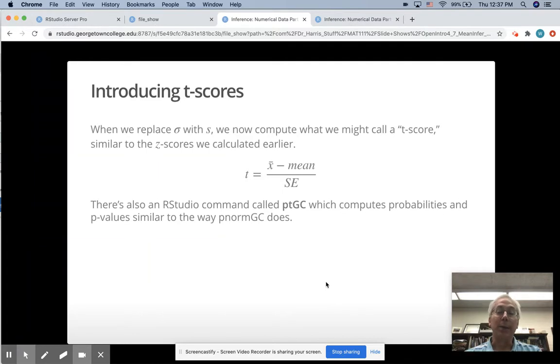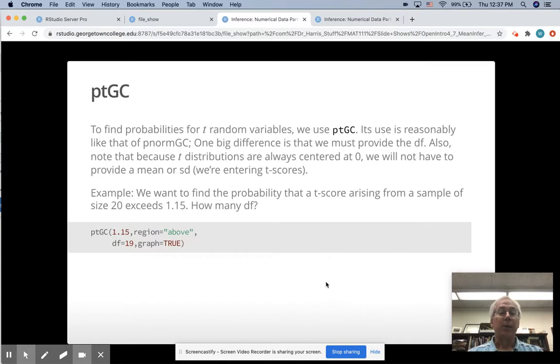And the command that helps us calculate probabilities underneath t-distributions is called ptgc, and it functions in a way similar to that of pnorm GC, although there are going to be a couple of differences. We'll see. So let's look at how ptgc works. We have to supply the number of degrees of freedom.